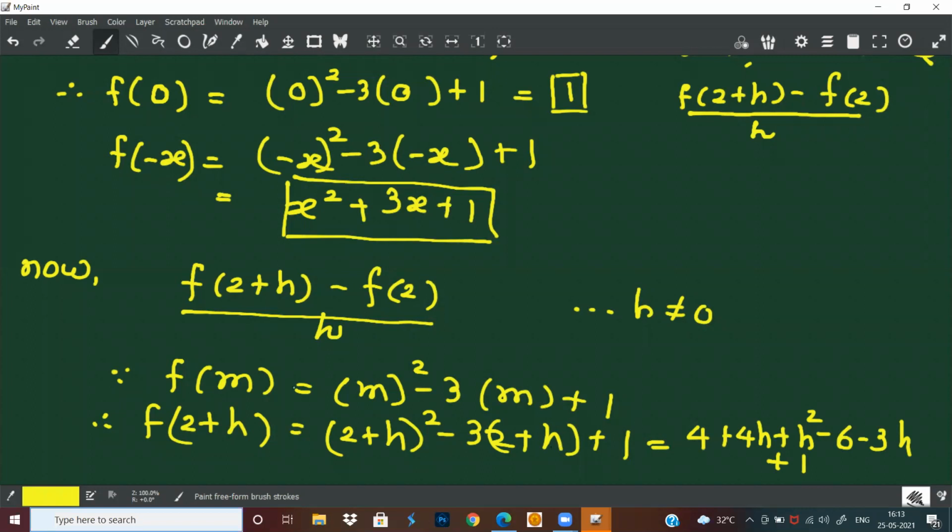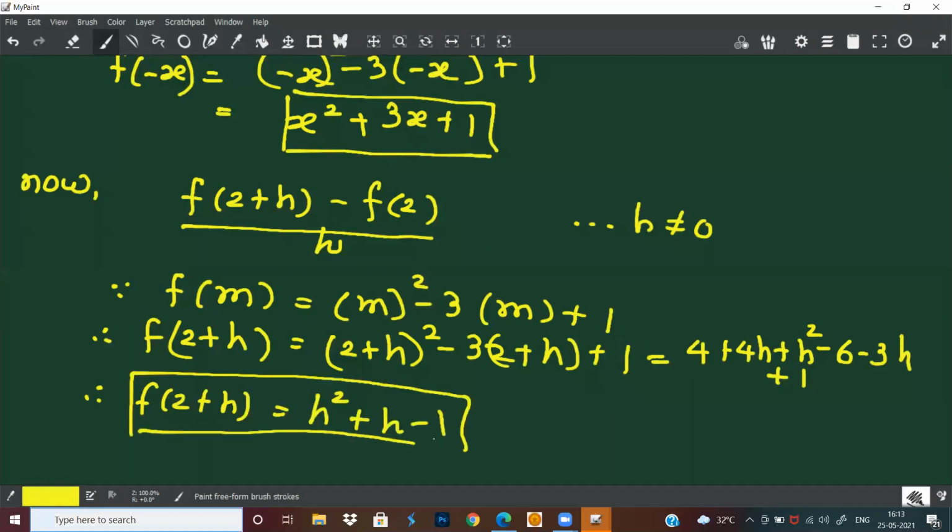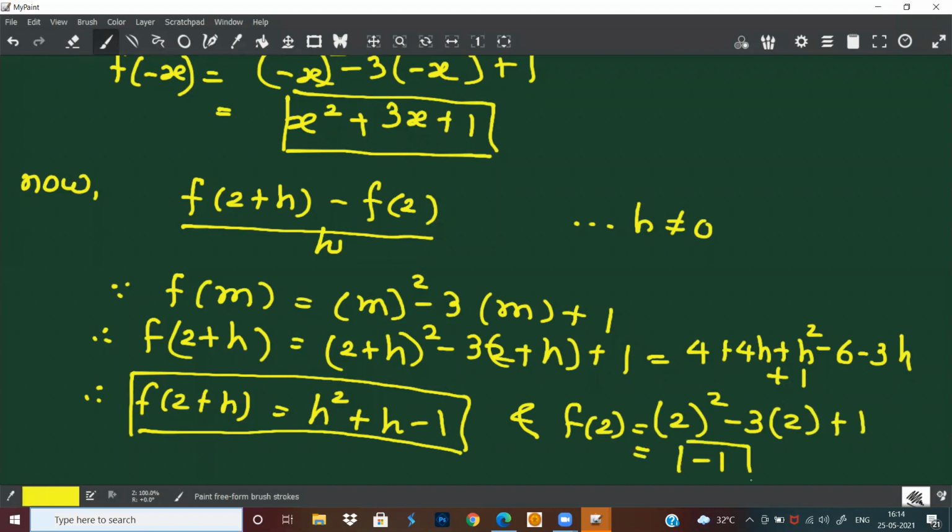So f of 2 plus h ये आएगा h square plus h minus 1. And f of 2 मतलब m के जगह 2. So 2 square minus 3 into 2 plus 1. तो ये आ गया minus 1.